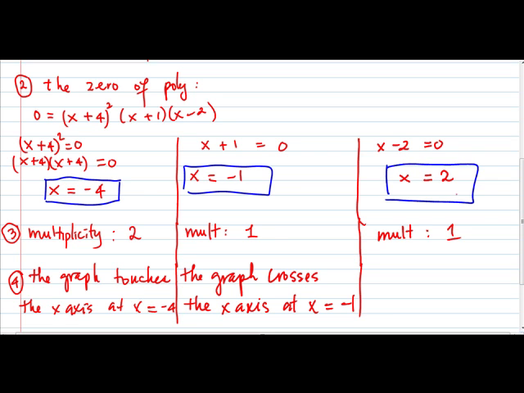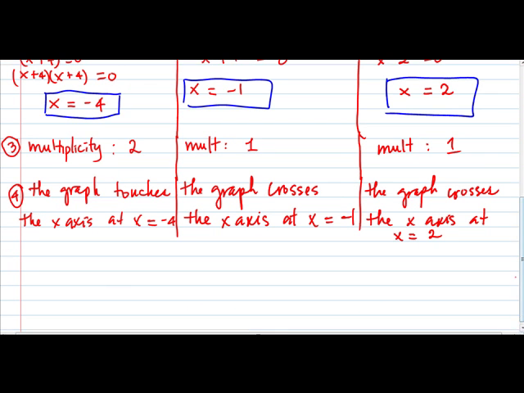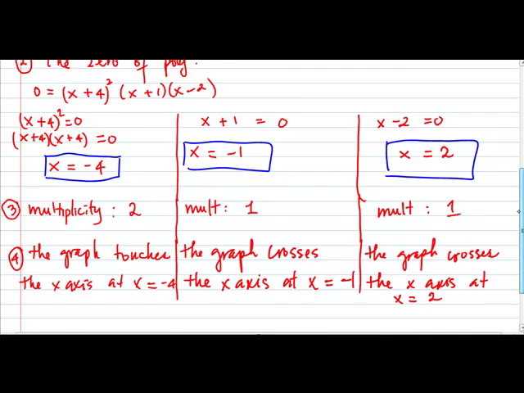And same here, because our multiplicity is odd, therefore the graph crosses the x-axis at x equal to 2. Okay, that's how we analyze our graph.